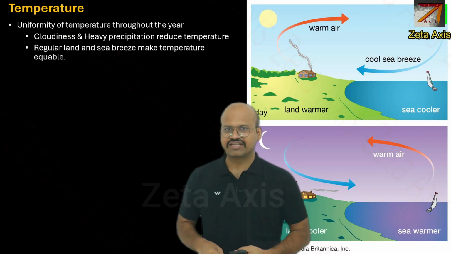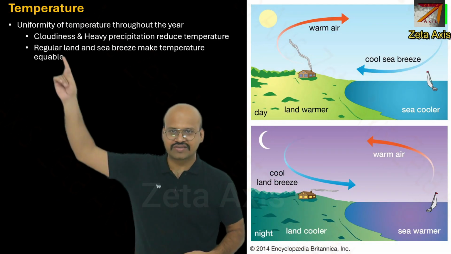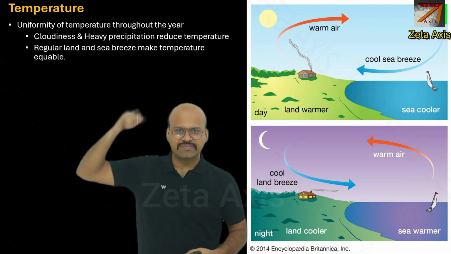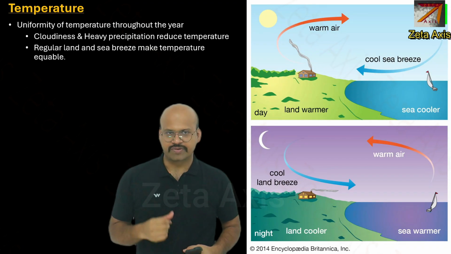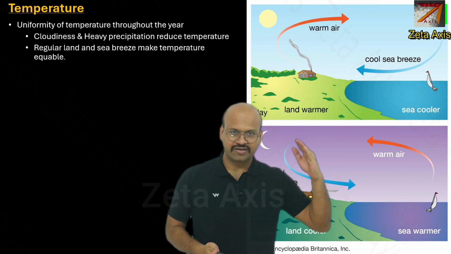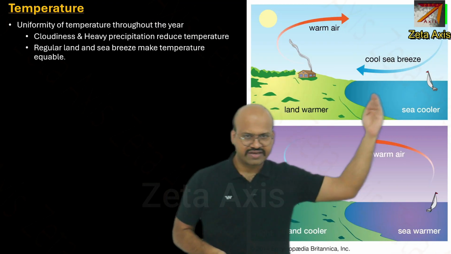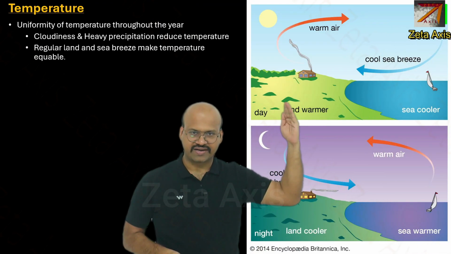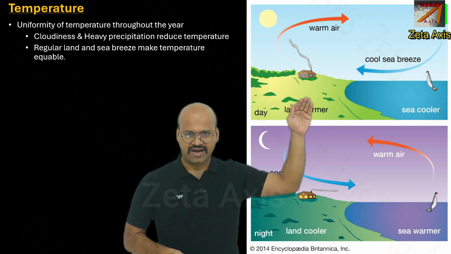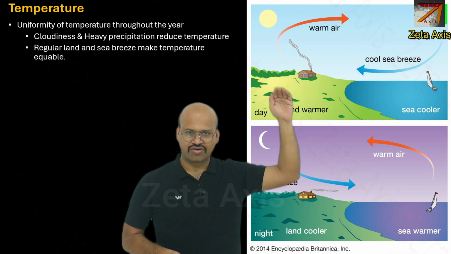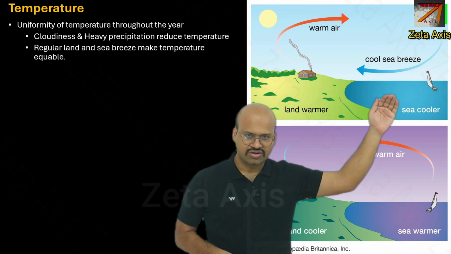The second important reason for uniformity of temperature throughout the year is the regular land and sea breeze, which makes the temperature equable. During the day the land is warmer and the sea is cooler. The cool breeze comes from the sea towards the land and reduces the temperature of the land, making the temperature of land and sea almost equal.